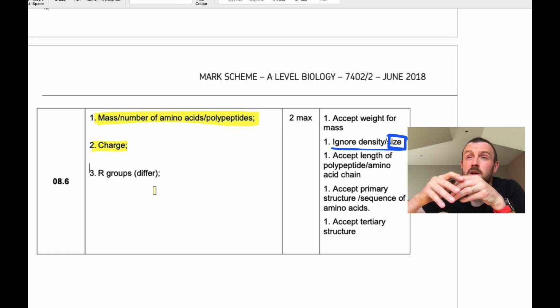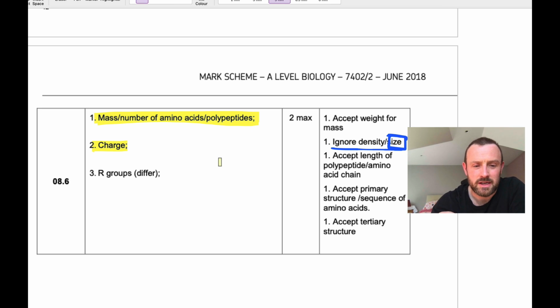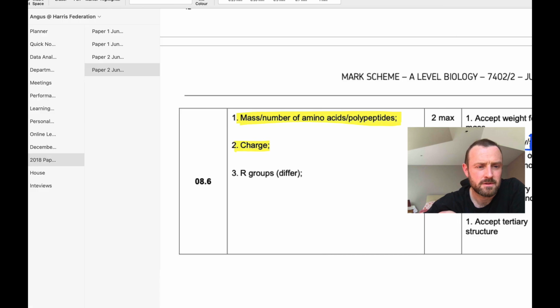Bigger proteins will take a longer time to work their way through the electrophoresis gel compared to smaller proteins. I said size again. Heavier, more massive proteins with more amino acids will take longer to move through the gel. Okay, so top exam tip I need to remember next time I do one of these papers: don't mention size of protein. Talk about number of amino acids in the protein if you're talking about electrophoresis. Size is not credited.